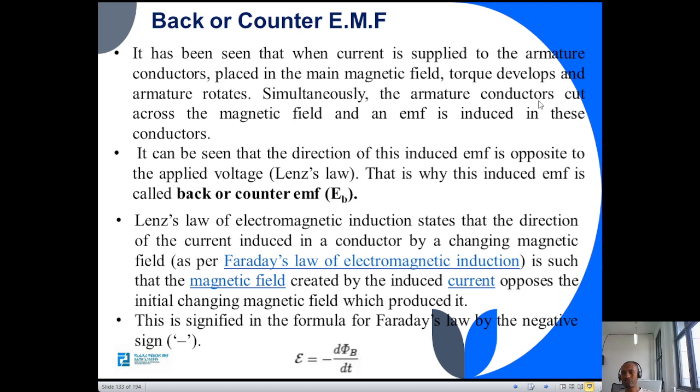When the armature conductors cut across the magnetic field, an EMF is induced in these conductors also. Two things are happening inside these machines. We are placing a current carrying conductor inside the magnetic field and it produces rotation. It produces motion. The moment the armature starts rotating inside the magnetic field, it also induces that voltage.